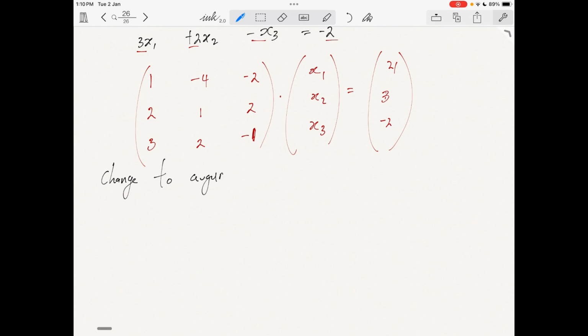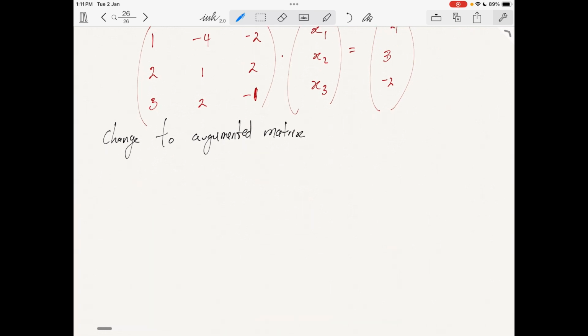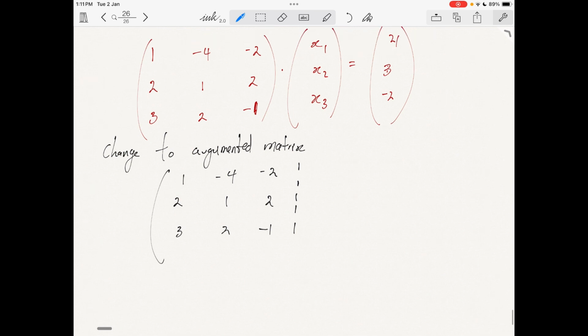The augmented matrix now becomes, first write down our usual 3, 2, minus 1. You separate the coefficient terms away from the constant by using broken lines. So that will be 21, 3, and minus 2.